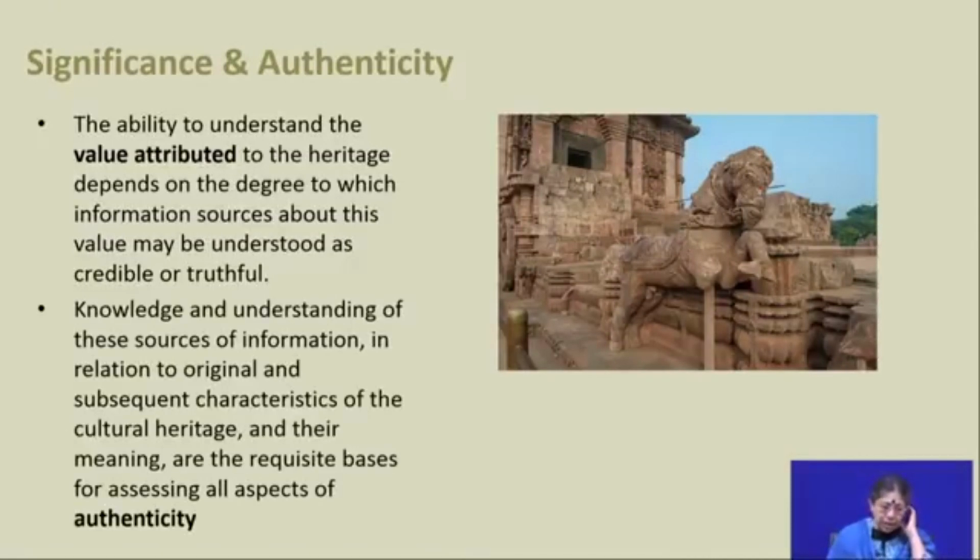The knowledge and understanding of these sources of information in relation to the original and subsequent characteristics of the cultural heritage and their meaning is the requisite basis for assessing all aspects of authenticity. So, we must try to understand the important relationship between significance and authenticity.